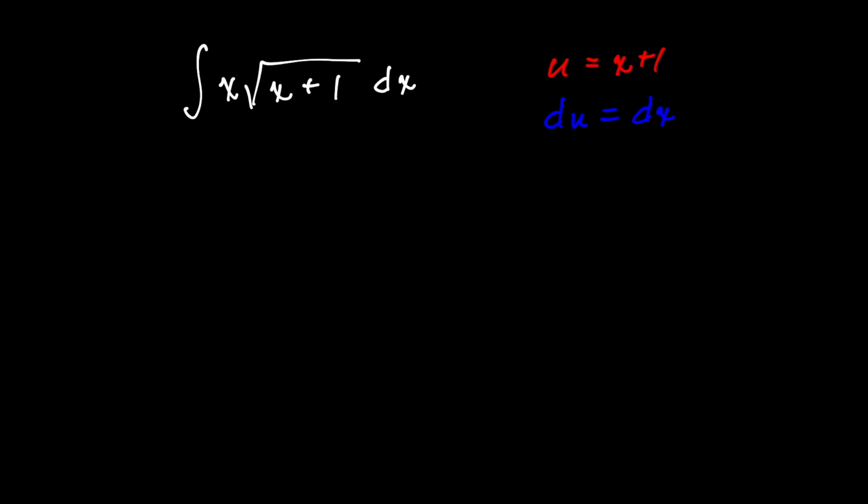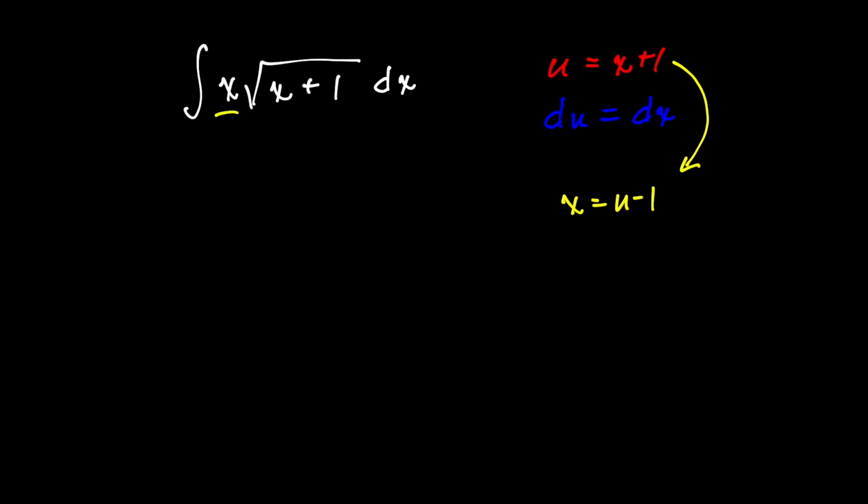I can say, well, I'm going to go ahead and let u equal x plus 1. So I'll have x plus 1 to the 1/2. And then my dx is my dx. But x, I'm going to write in terms of u. So that becomes what? X would equal u minus 1.